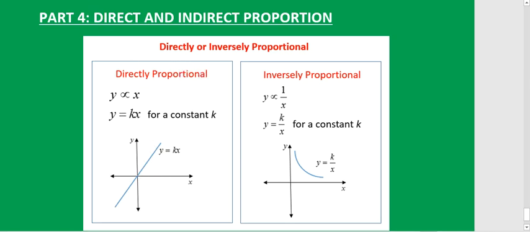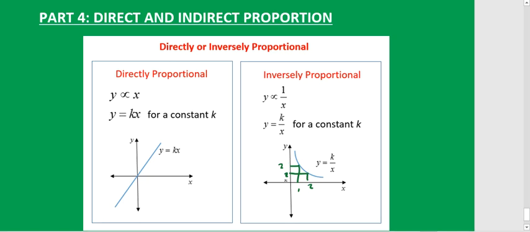Inverse proportional is just the opposite of that. Let's go to that example again. Let's say that x is 1 and y is 2. What happens if x increases to 2? Then y will decrease. So you see, inverse means opposite. Sorry, that should be y is 1.